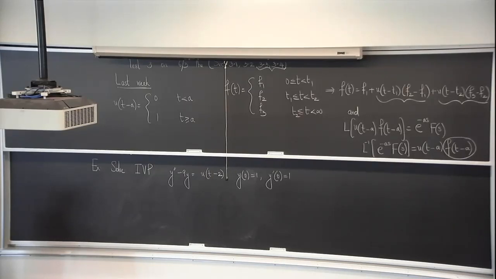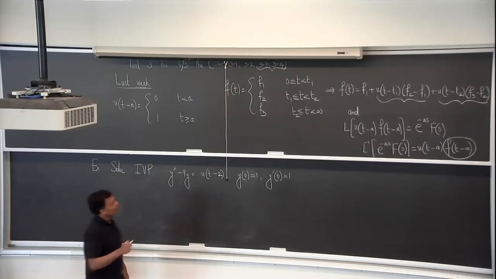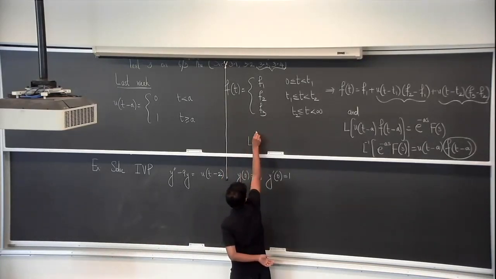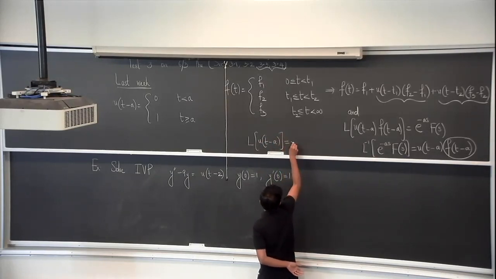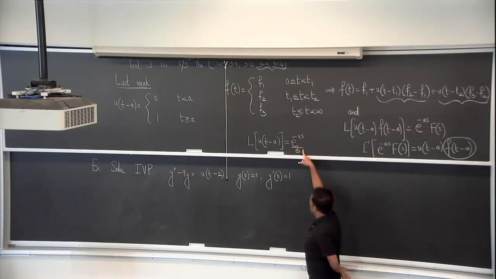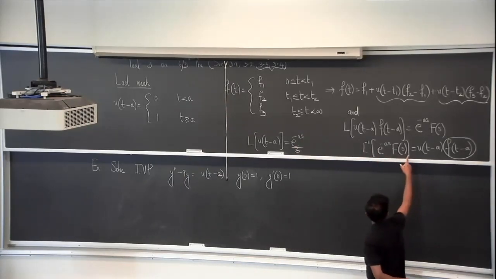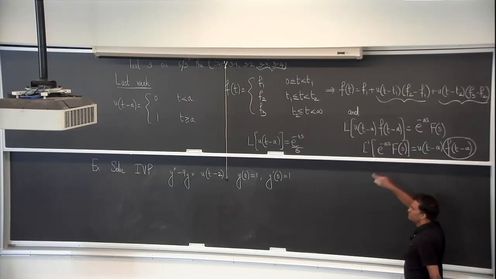Okay, so can you start this? And I think I forgot to write this one. The Laplace of u of t minus a is, okay, so this is case number 11 in your table. This is case number 13. So can you just start and see how this goes?